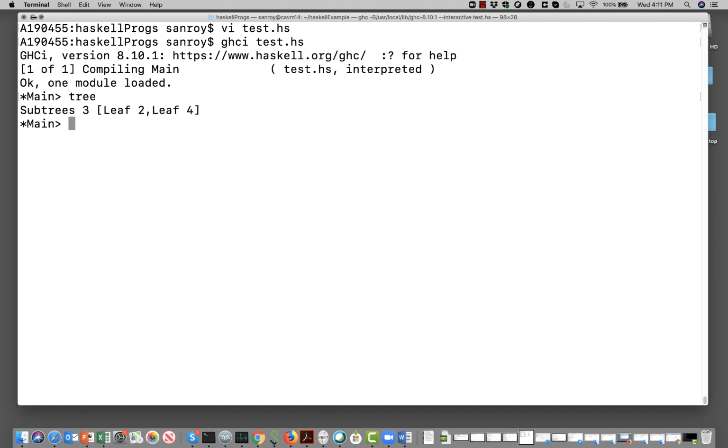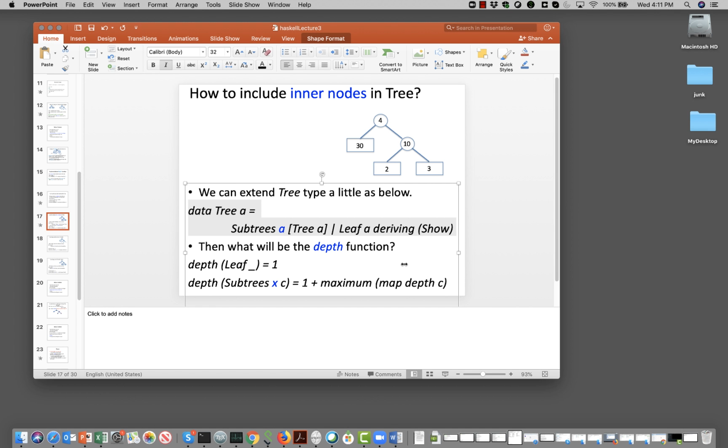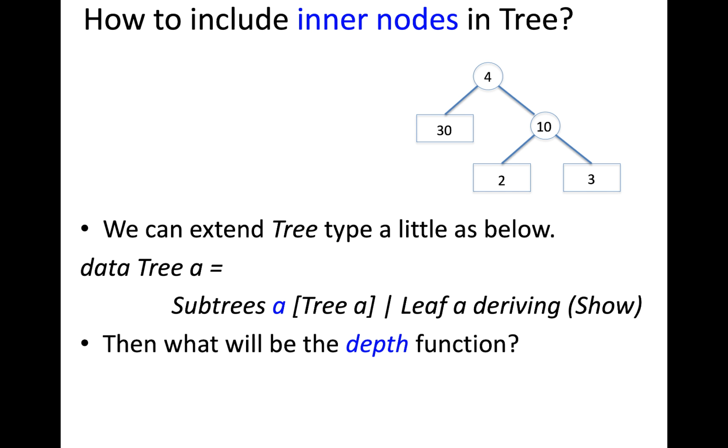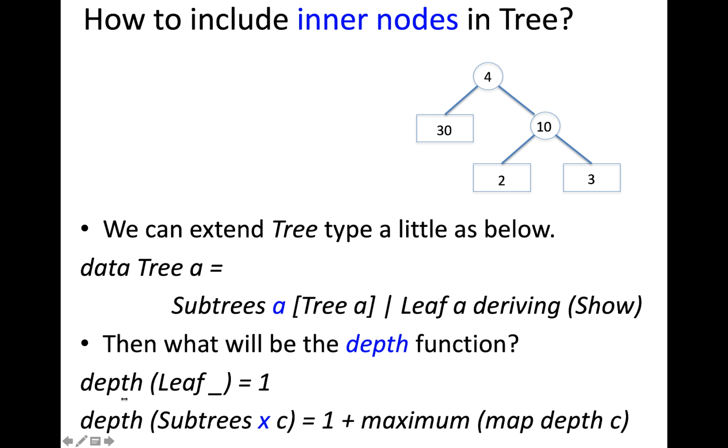Okay, so now let's go back and let's see how the new definition of depth on this new tree type will work. Now fortunately we see it's very similar to the previous depth version. So depth on leaf, that means when the tree has only one leaf, it's still 1.